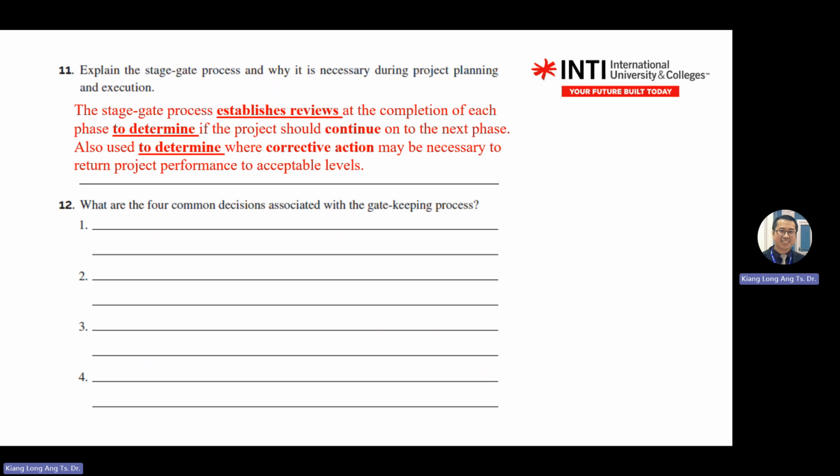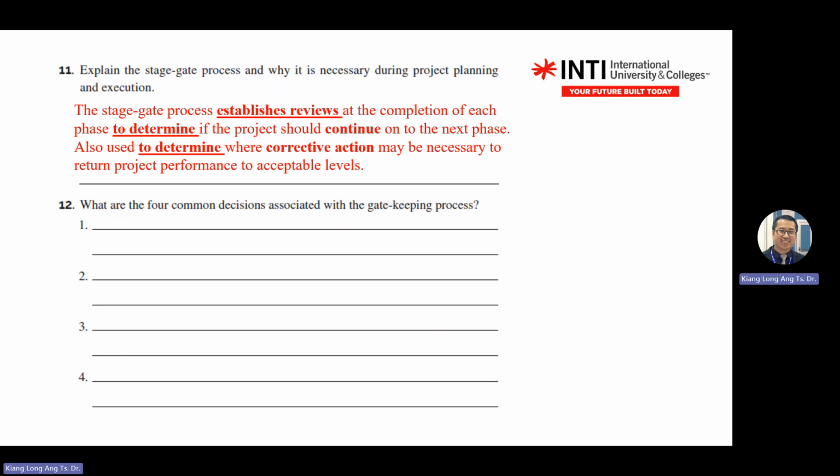So four types. First, proceed without changes. You already planned. So if you are according to the spec and requirement, just proceed. No problem. So when you come to a stage when there's a technology change, something changes, you can proceed, but with changes.